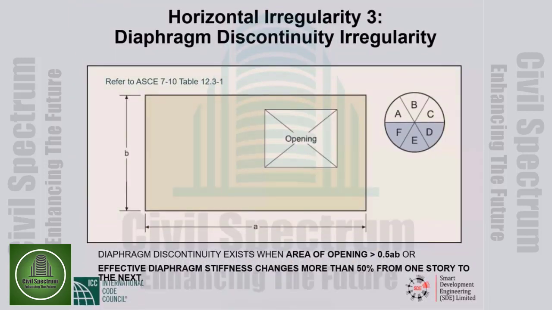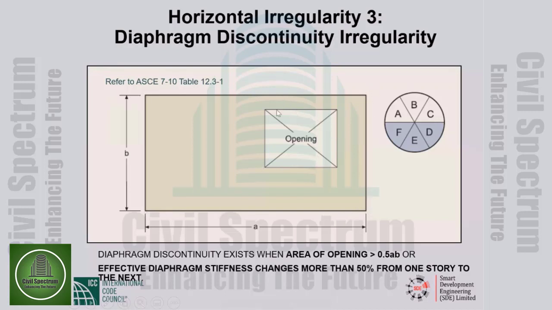Horizontal type 3, diaphragm discontinuity irregularity. Diaphragm discontinuity exists when area of opening in the diaphragm is larger than 50% of A times B, the diaphragm area.